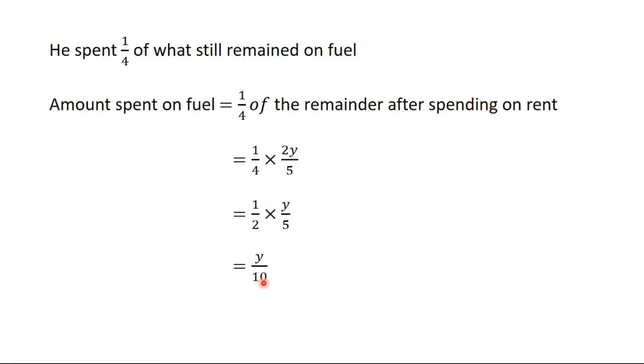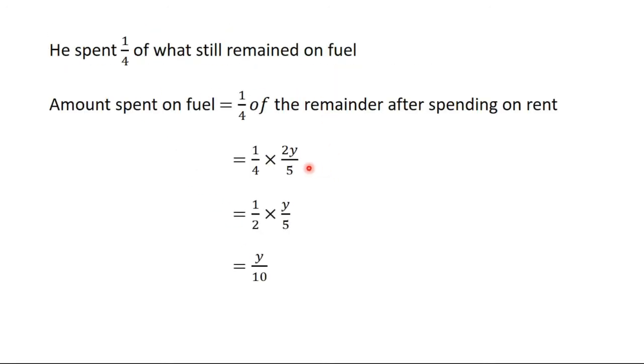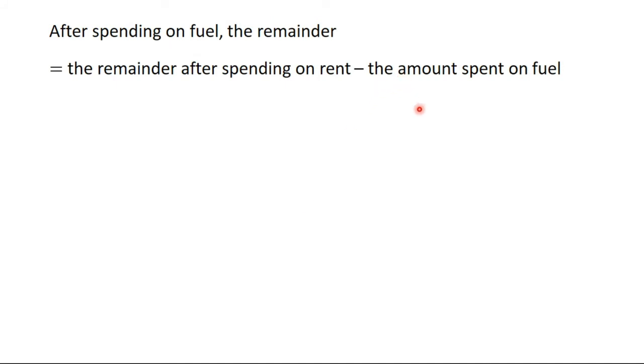So from here we have seen that the amount after spending on rent is 2y/5. So that was what he had in hand before coming to spend on fuel. Then he spent y/10 on fuel. So if you want what is left, it's going to be the amount after spending on rent, which is 2y/5, that was what he had in hand, minus the amount he spent on fuel, which is y/10.